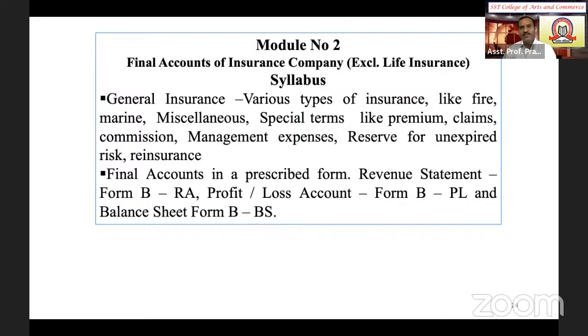Every module, as you have seen, has a 15 marks practical question, 1 short note or theory question, and 2 or 3 marks objective. Insurance is very necessary in today's time, because without insurance we can't proceed with the claim if anything happens in the business.